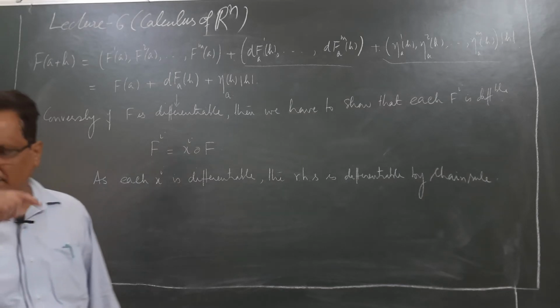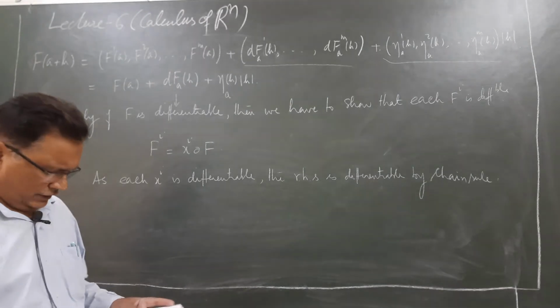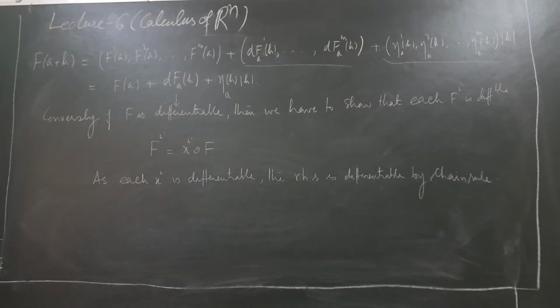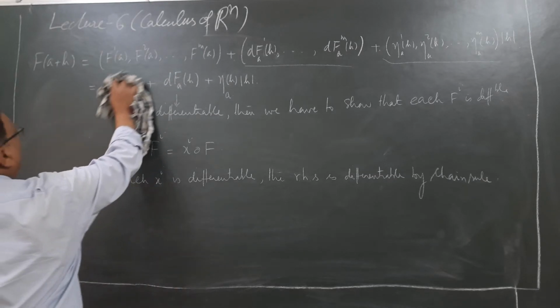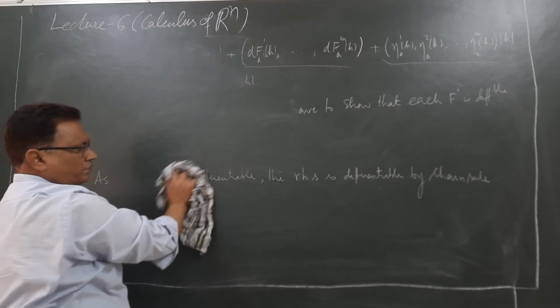So not only is the result true for continuous functions, it is true for differentiable functions as well. Okay. All right. Let us see what else we have to do. Now the next important thing is the partial derivatives. Because we can't say the same thing in continuity.